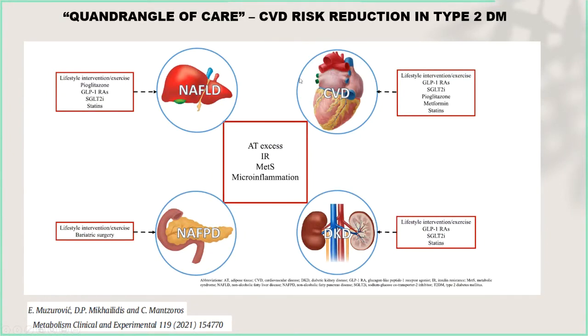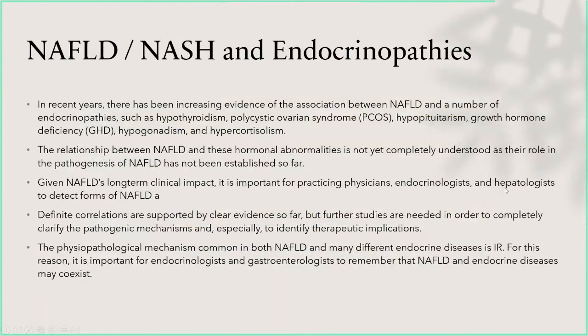So lifestyle intervention in all of these. But then you have these different drugs, and you can see again statins included in all three of these. Of course, bariatric surgery will help with fatty pancreatic disease. So, that is the approach that we should have in a comprehensive care pattern.